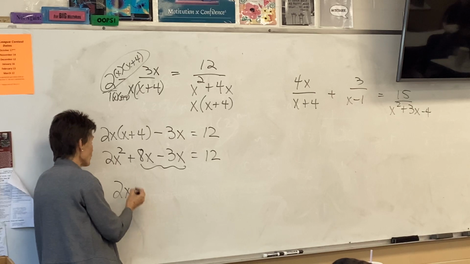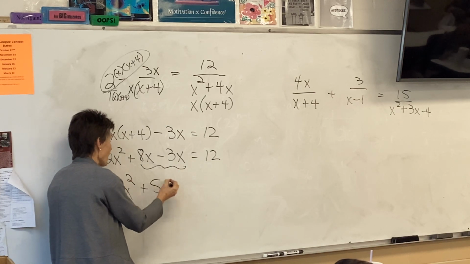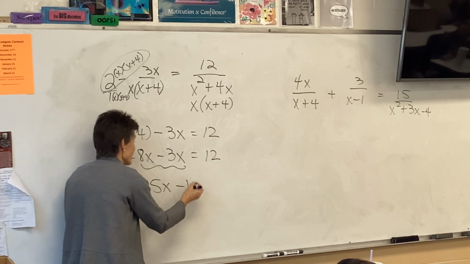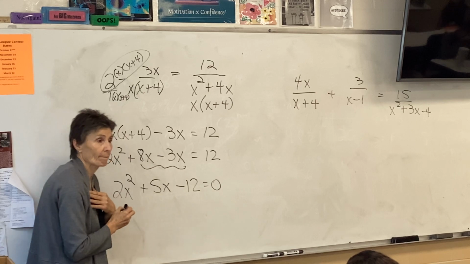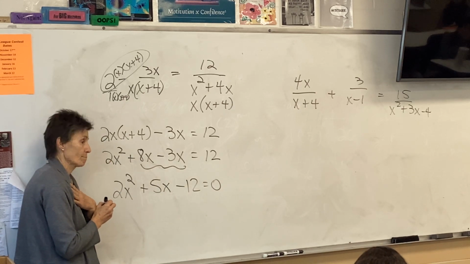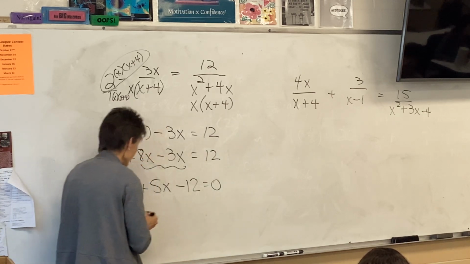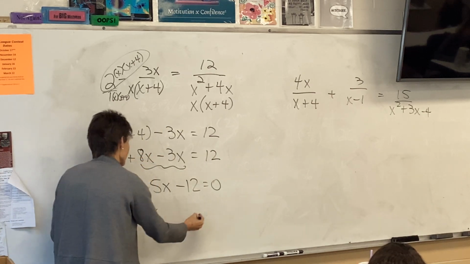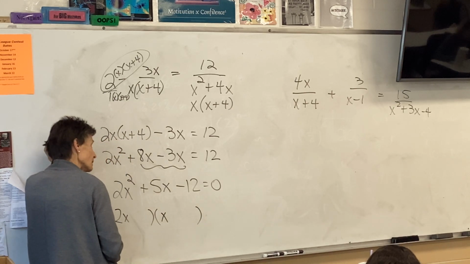So if I do both of those at one time, I'll have 2x squared plus 5x minus 12. Okay, what do I do with that? If it factors, I'll go ahead and factor it. I'm not sure it does, but we're going to find out.